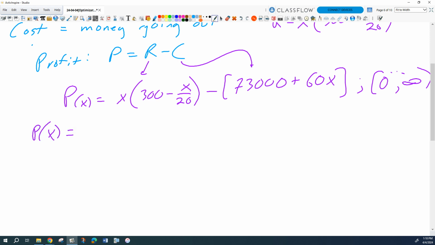If we put all this together, we get negative X squared over 20 plus 300X minus 60X, so it's minus 30X, minus 73,000. Okay, so there's our profit function.